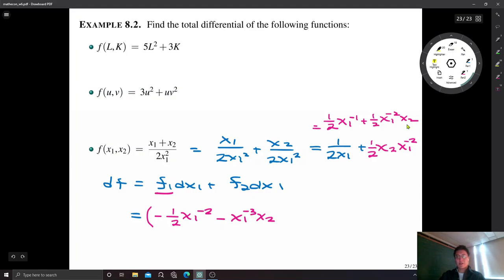Okay, then x2 is a constant, so I just left it alone. Right, and then multiply by dx1.